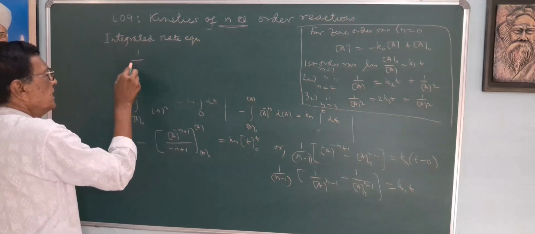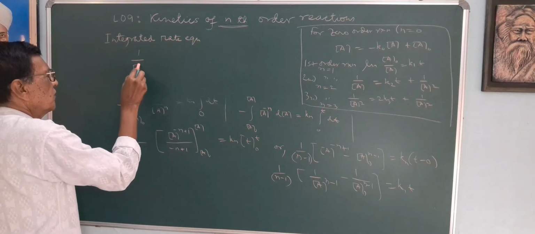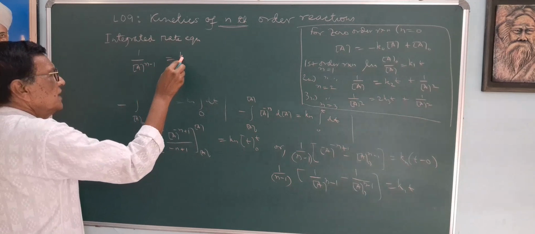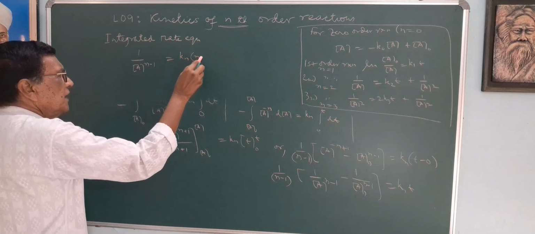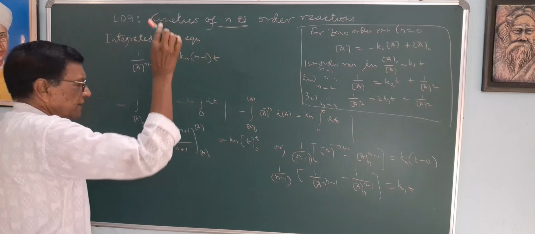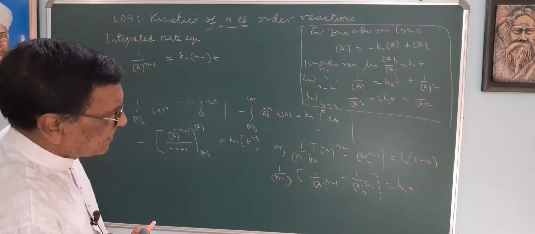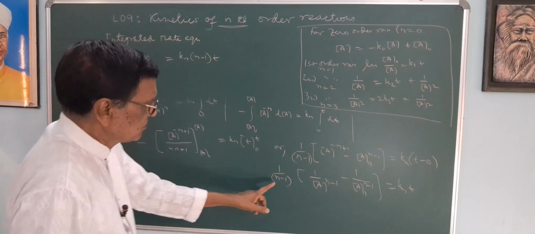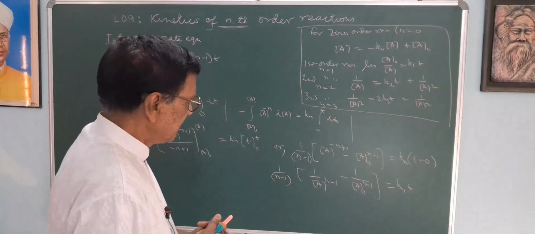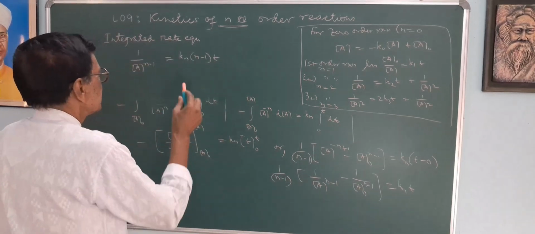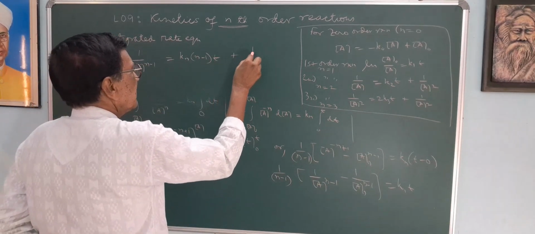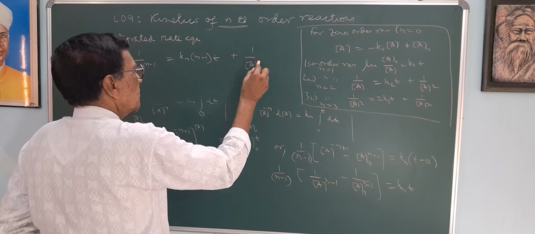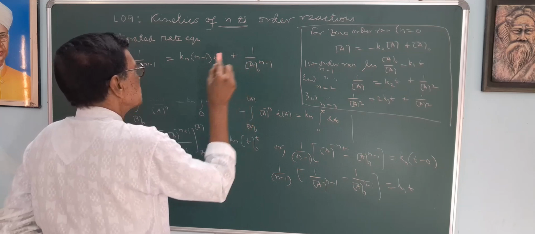becomes 1 by concentration of A to the power n minus 1 equal to Kn times n minus 1 times T plus 1 by concentration of A0 to the power n minus 1.